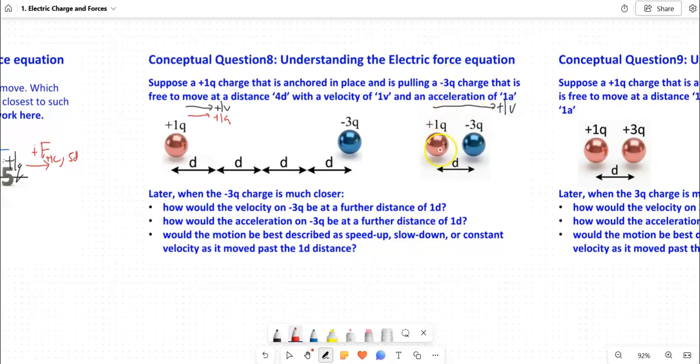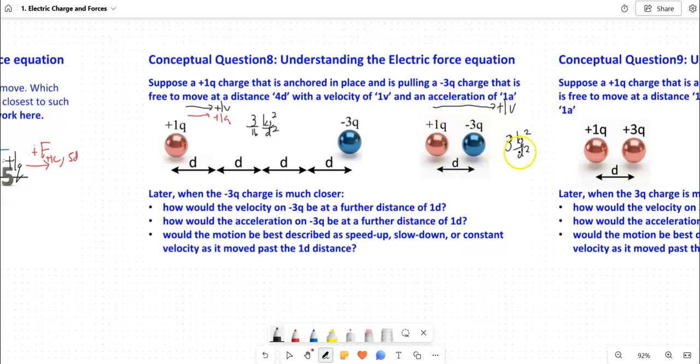And since the force is greater here, this force is, again, going to be 3/16 kq squared over d squared, and this force is just 3 kq squared over d squared, right?